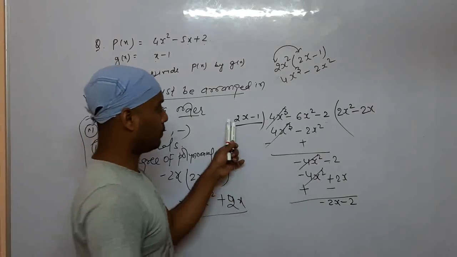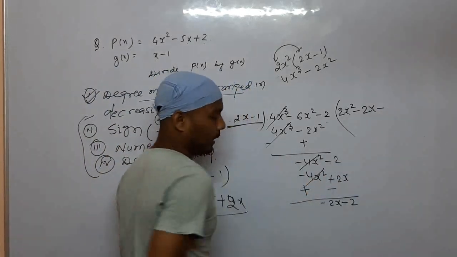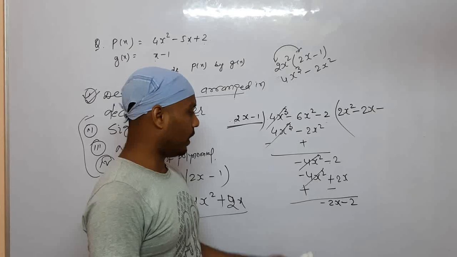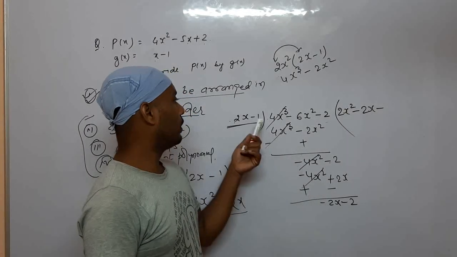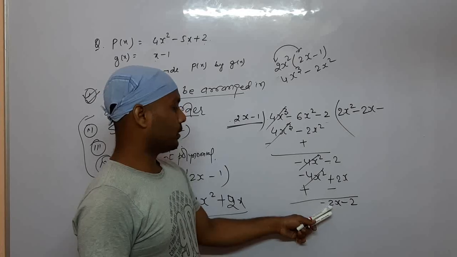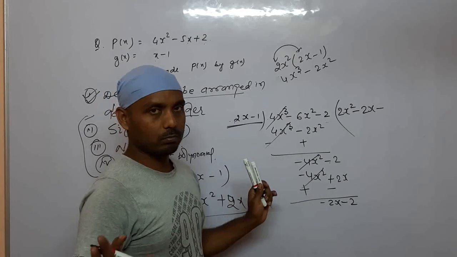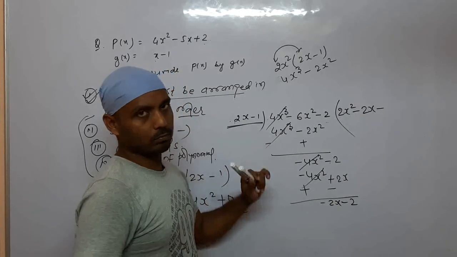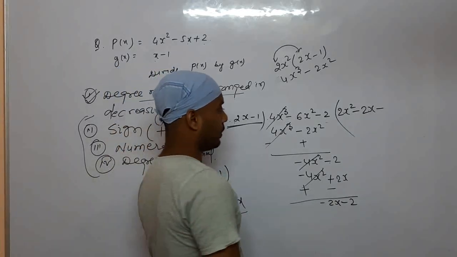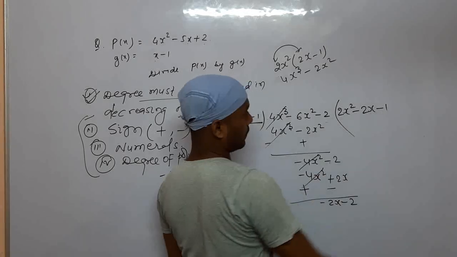Now same process. Sign minus plus minus. Okay? Now what you will do? Numbers 2, 2. Clear? Degree of the variable 1, 1. Clear? Just keep the value 1.